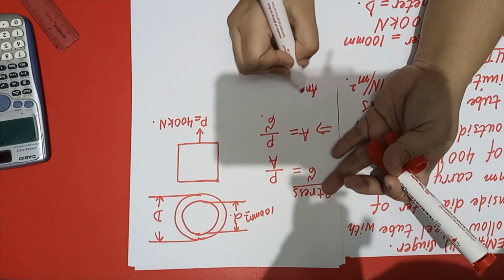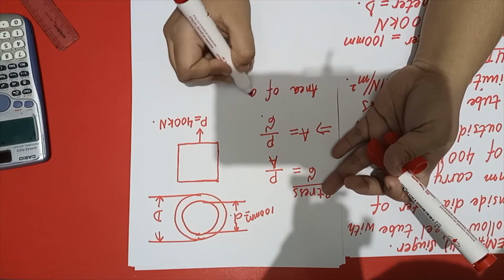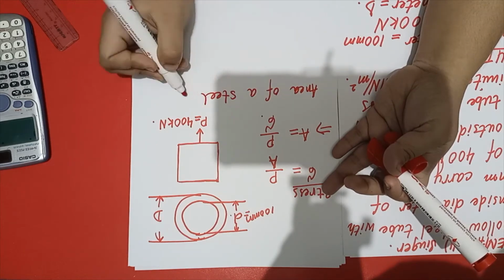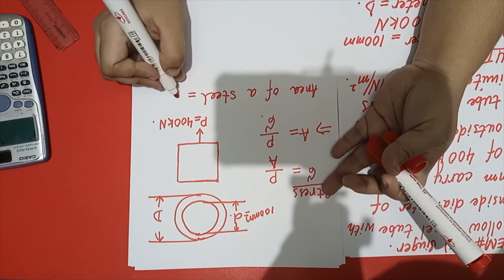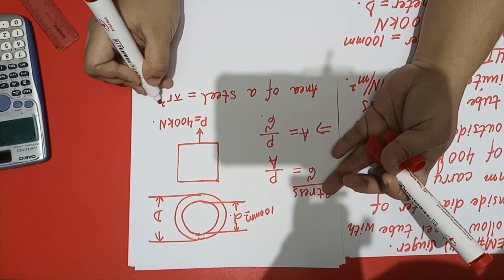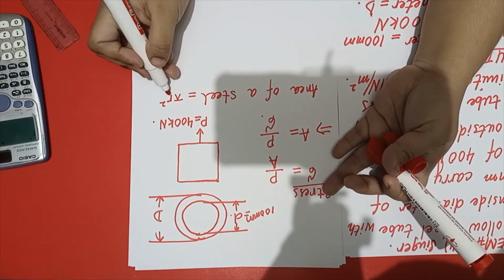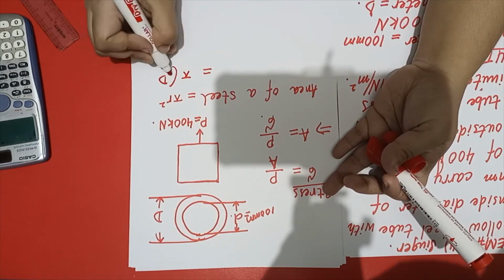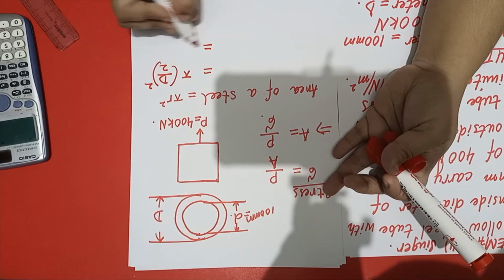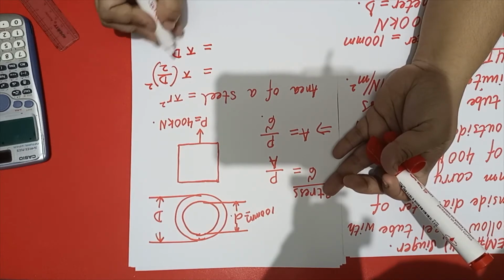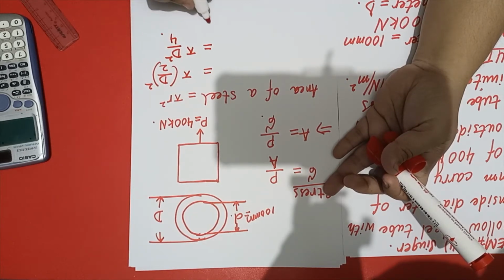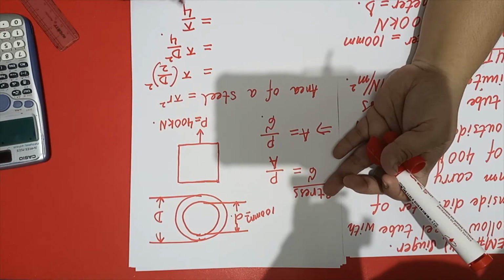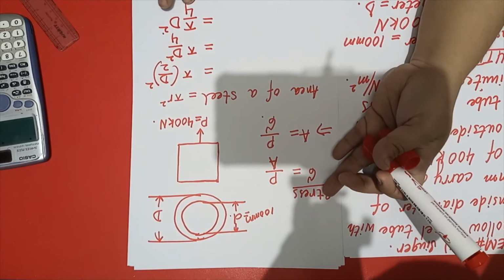What is the formula for the area of a steel bar? Because it is a circular bar, it is pi r square. If you put the diameter, r is d upon 2, so it will be pi d square upon 4. You can write it as pi by 4 times d square. This is the way you can write it down.